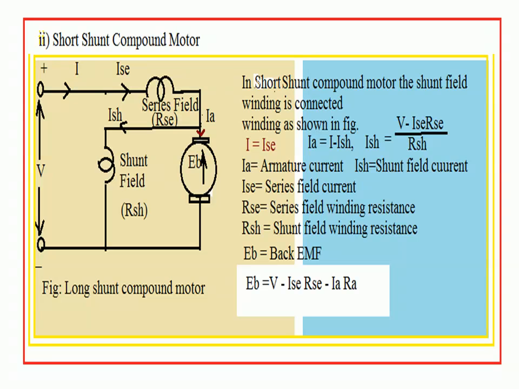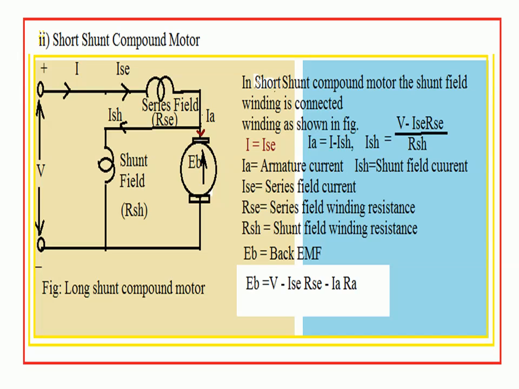Calculation of shunt field current is slightly modified compared to earlier. Only one point: the voltage drop across the series field winding, that is ISC RSC, is subtracted from supply voltage V. This voltage is available across the shunt field winding, divided by RSH, and all remaining things are the same.